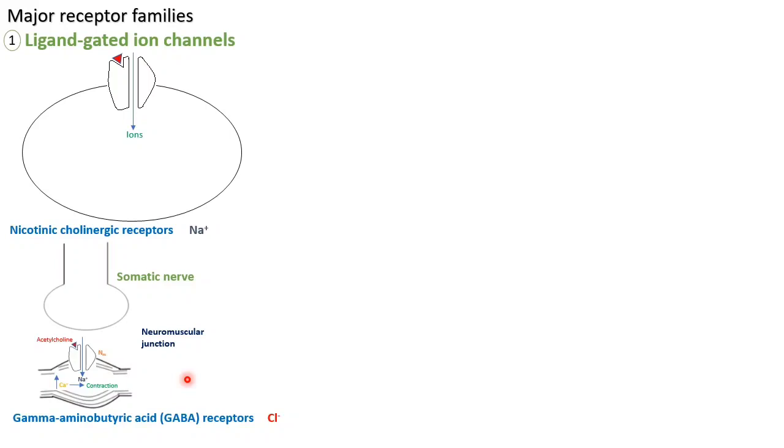Initially at resting state, when the cell is in polarized state, as we learned before, there is more negative inside the cell. So when we add more negative by the influx of chloride, we cause hyperpolarization. It is more negative inside the cell.